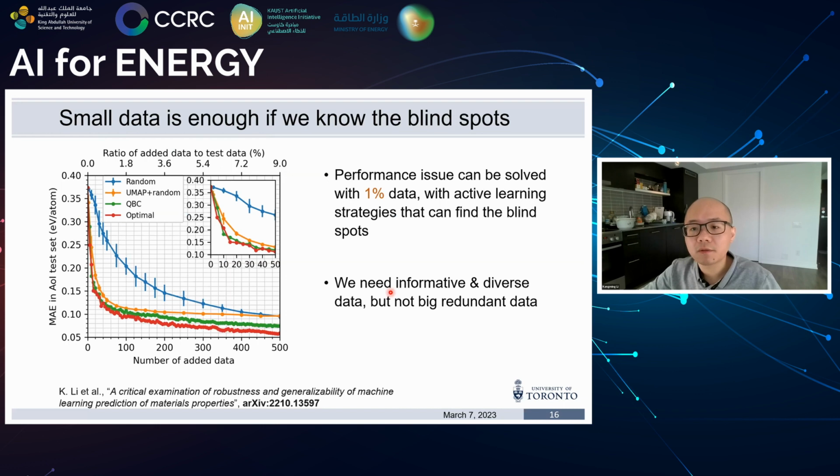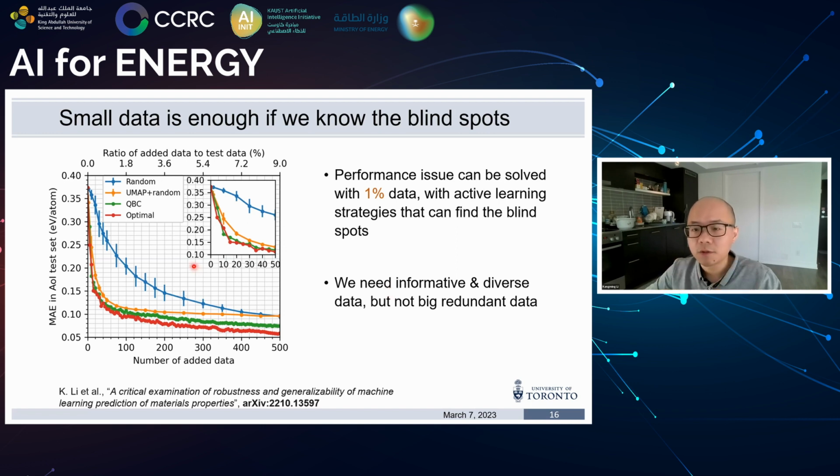Now that we know the blind spot, we can use this knowledge to guide the data acquisition, right? So the idea is that we know the weakness of our model, and we try to improve its prediction robustness by including a minimum amount of the test data into the training set.